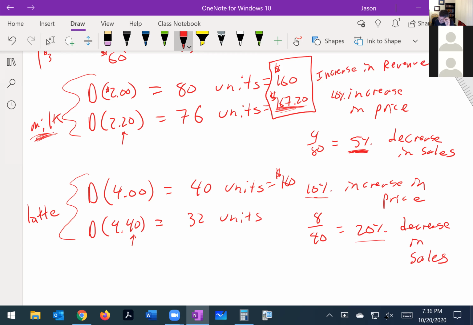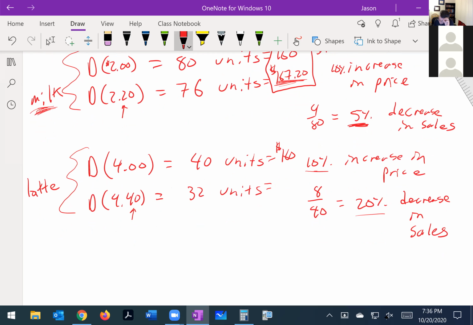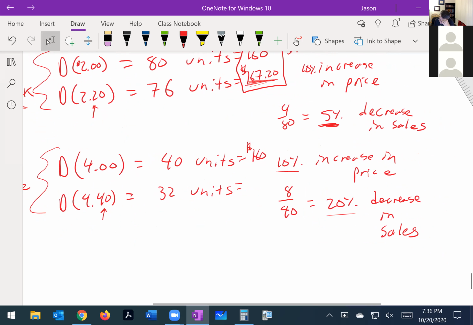Whereas here, if I increase the price of my soy latte by 40 cents, a 10% increase, I actually go down. How much money do I lose? Well, what's 32 times 4.40? That's $140.80. I lose almost 20 bucks.